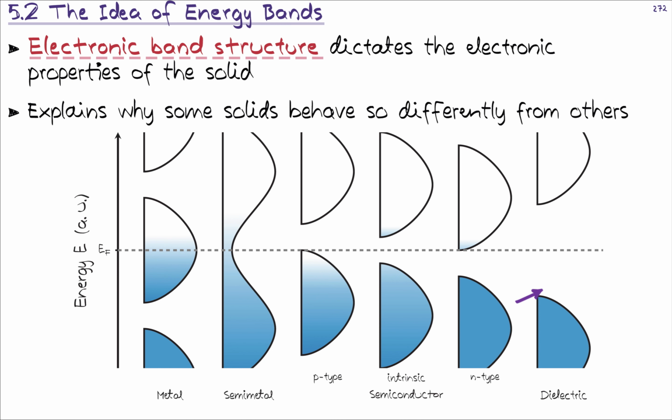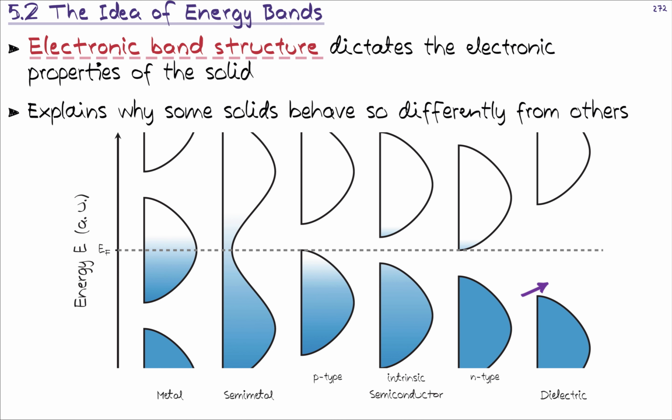And then this is maybe the easiest to understand at this level of treatment that we have already introduced: a dielectric material, where we have a large band gap. All the electrons are in the valence band, and there are no electrons in the conduction band where they could move around in a piece of solid and provide a mechanism for electrical conductivity.